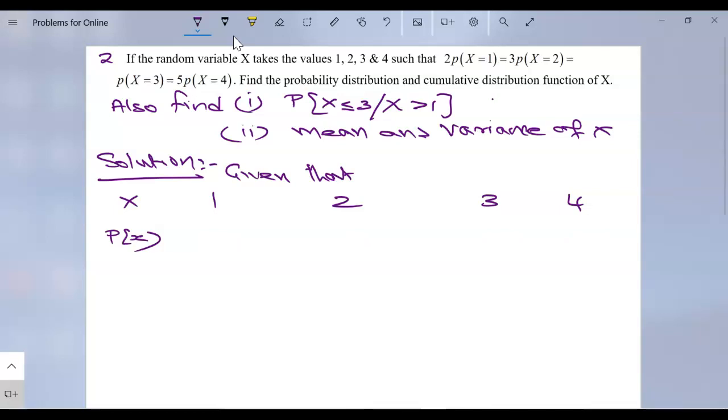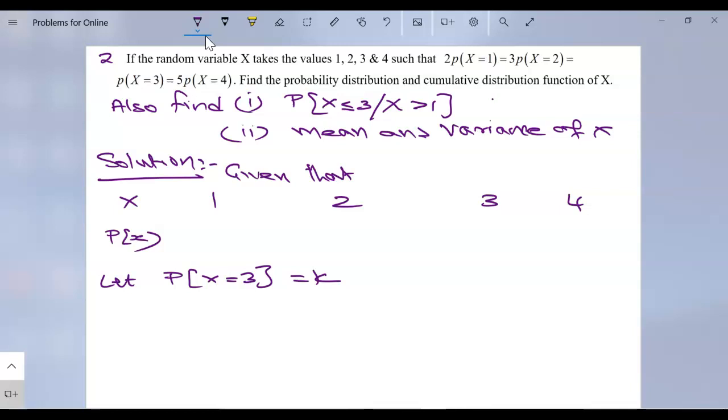Now, if you notice in the question, some further information was given. 2 times probability of X equal to 1 is equal to 3 times probability of X equal to 2 is equal to probability of X equal to 3. I'm going to let probability of X equal to 3 be equal to k, where k is some constant.